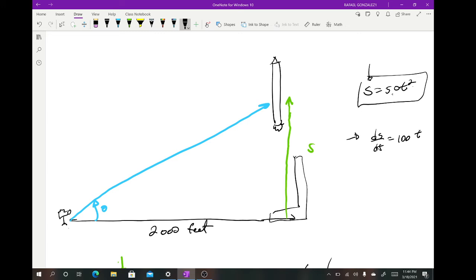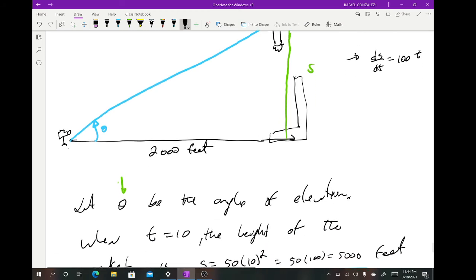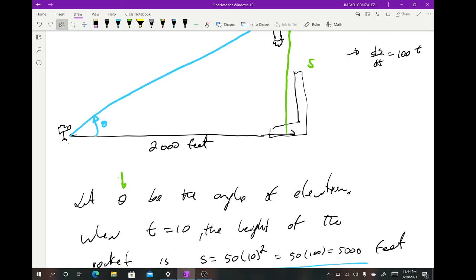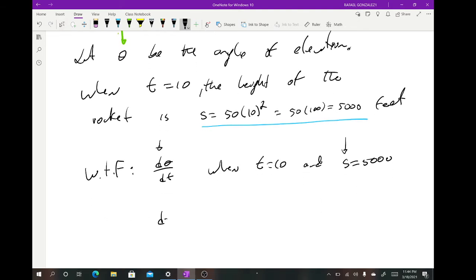You could think of it as being an actual variable, it would just be one. So we don't actually write it because we're taking the derivative with respect to t. It's redundant. Anyway, that is 100t. So now we know that ds dt is equal to 100t.